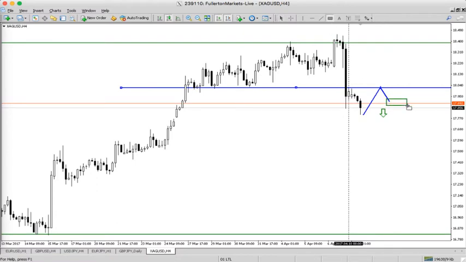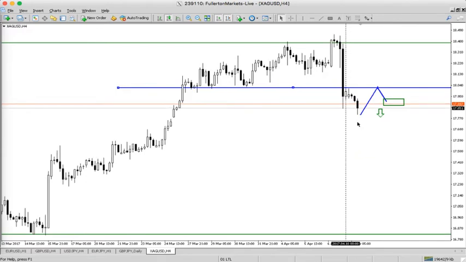That would be my entry to go short. Because after such a short drop, there could be some profit taking to push the price back up before more sellers join in to short the market again. So that is a typical price action that I see in the market.